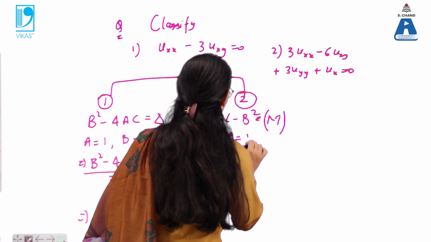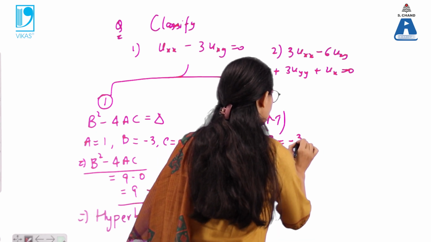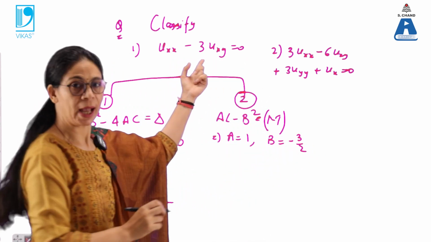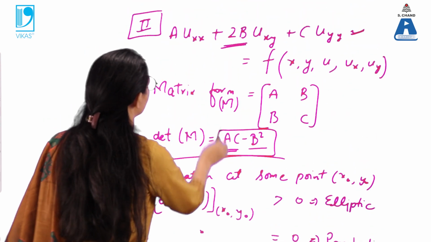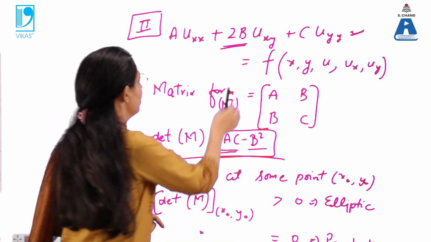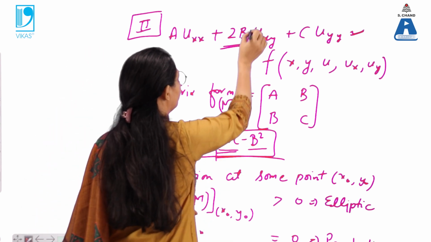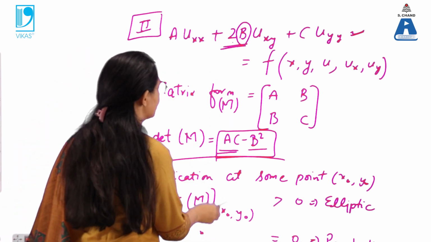So, for this A is 1, but here B is to be found out as minus 3 by 2 because we need to compare it with the second form. Let me show you the second form. So it is this only: A u_xx plus 2B u_xy. So when we write down this B, this 2 we need to consider.